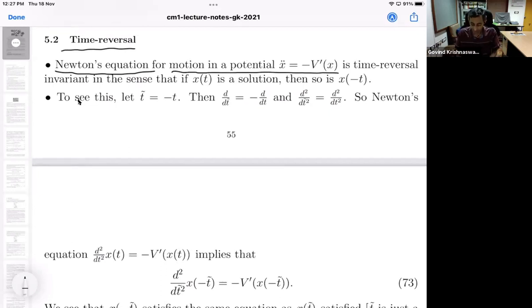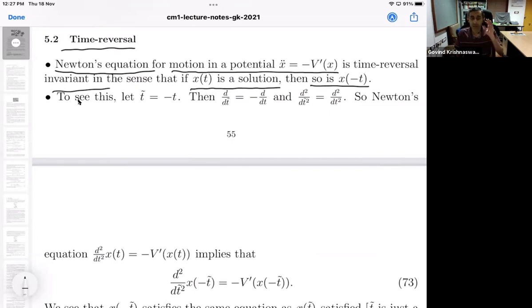When we say this equation is time reversal invariant, what this means is that if x of t is a solution, then so is x of minus t.